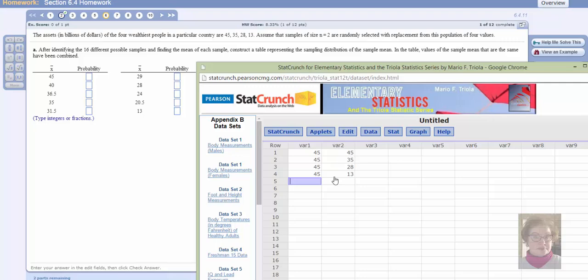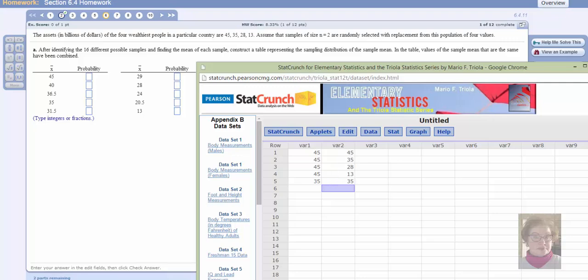And then my second number could be 35, and 35 and 45 and 30. Order doesn't matter, so I can have 35 and 35. And so we're just going to list our possibilities, and we're going to do the exact same thing that we did before. And we're going to come up with the mean of all the possible samples.